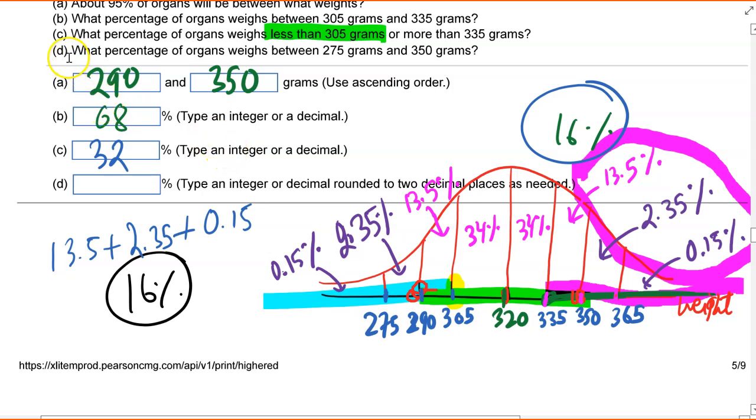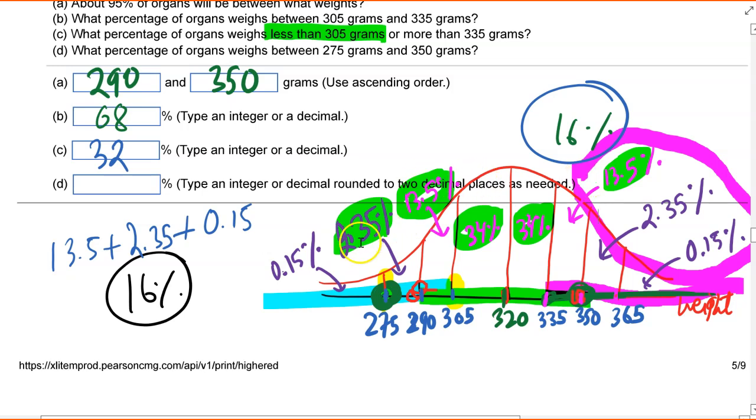Okay, final question. What percentage of the organ weights is between 275 here and 350 here? Let me highlight here, you're using 275 and 350. 275 is here, 350 here. Then you're adding the percentage in this box, this box, this box, this box and this box.